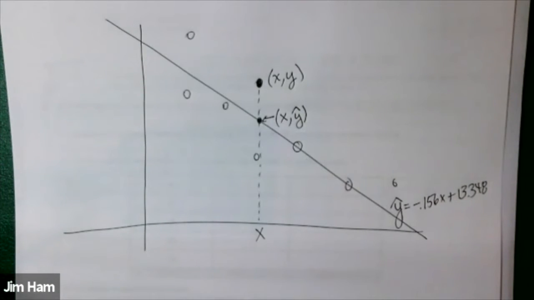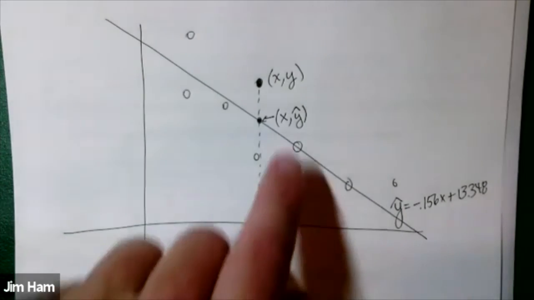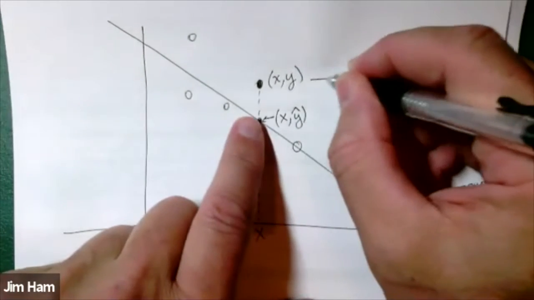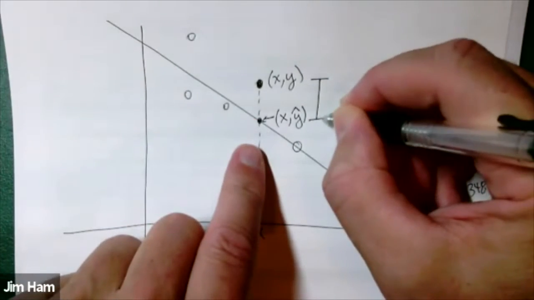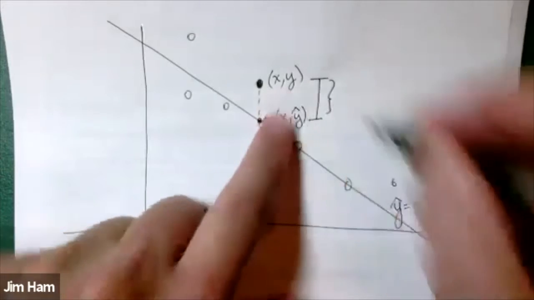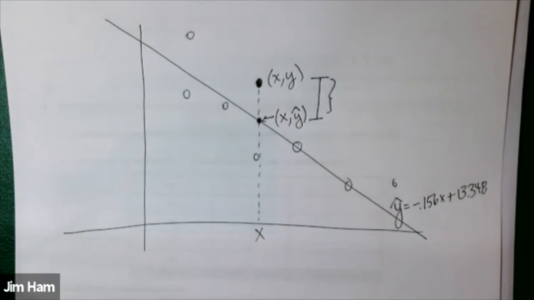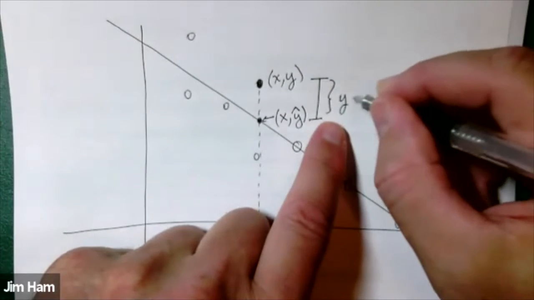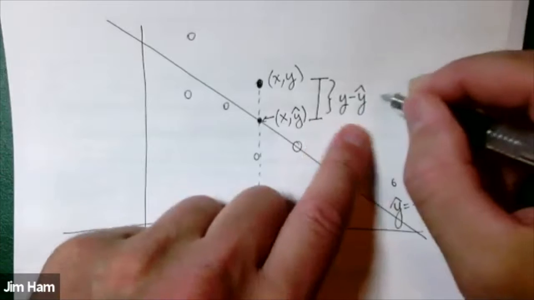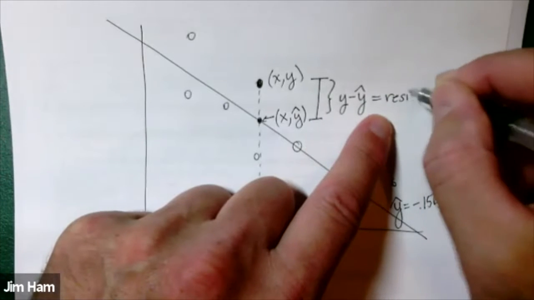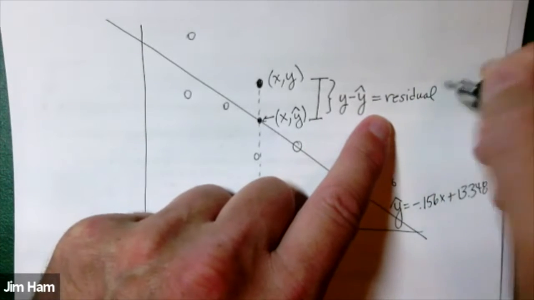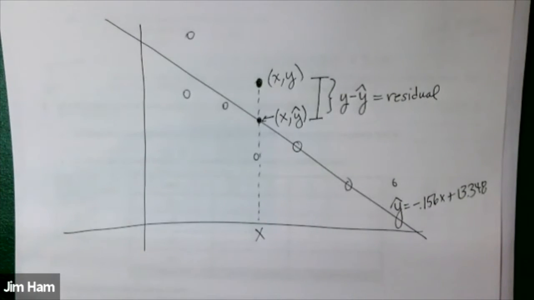And we're going to get that from the regression equation. Now, this distance from here to here, if you wanted to find that distance, what you could do is you could just take the Y coordinate and subtract Y hat. And this is known as a residual. It's a little vertical distance from the point, the actual data point, down to the line or up to the line.